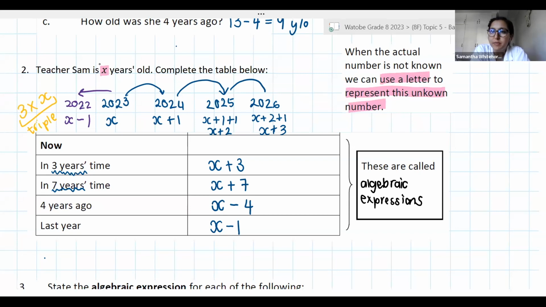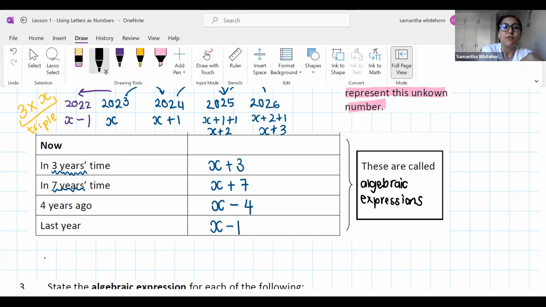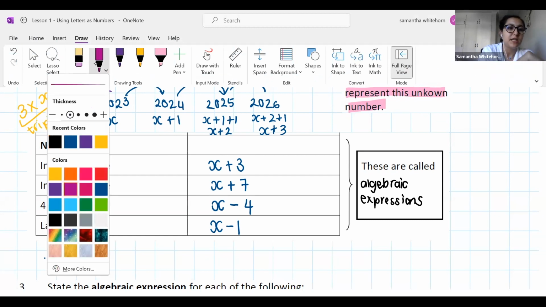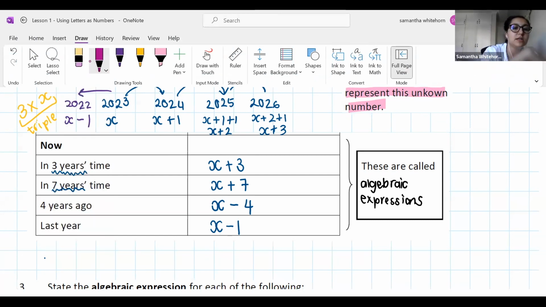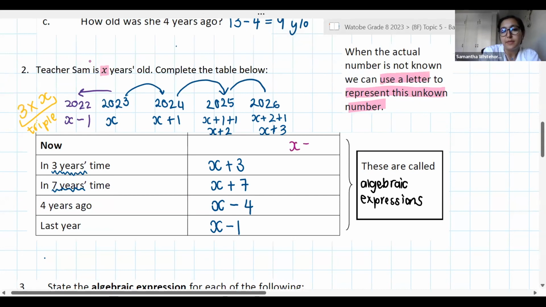And what this helps me do is now if I say to you, I'm 16 years old, which I'm obviously not. So if I now said Teacher Sam is 16 years old, you could very easily go and find out the ages at all of these different points. So let's pretend I am 16, if only I was. So if I am 16 years old, I could now substitute in and find out my age in 3 years' time. I'd be 19.